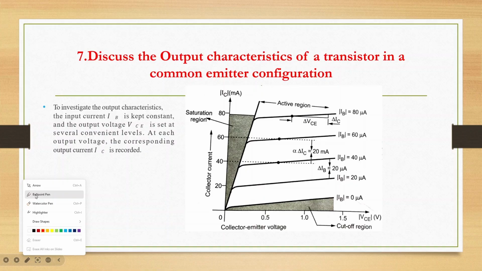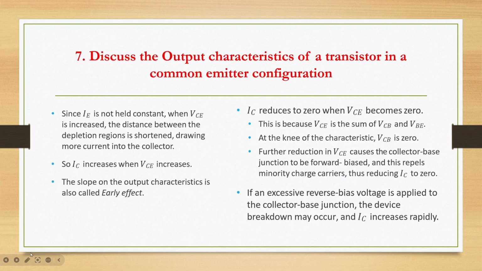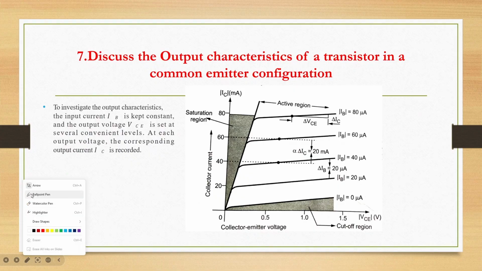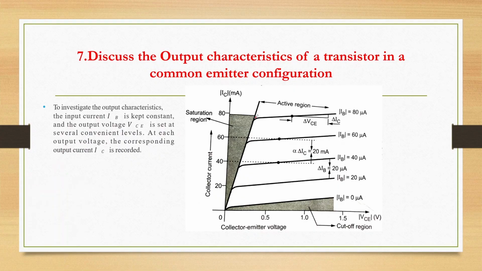Next, we discuss the active region. So what happens in the active region? Here the base emitter junction is forward biased, and the collector base junction will be reverse biased.